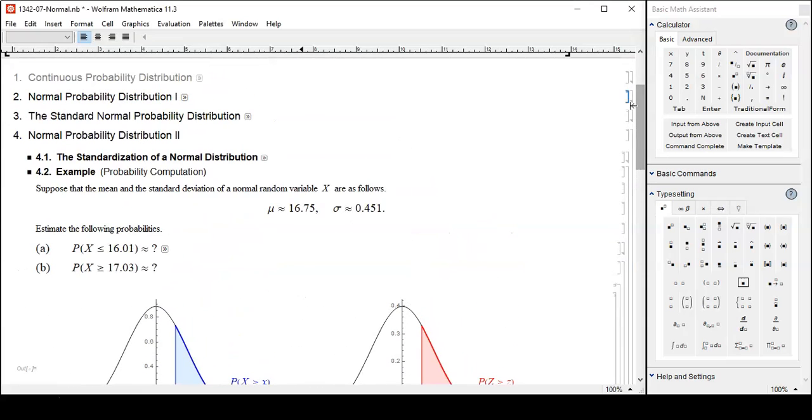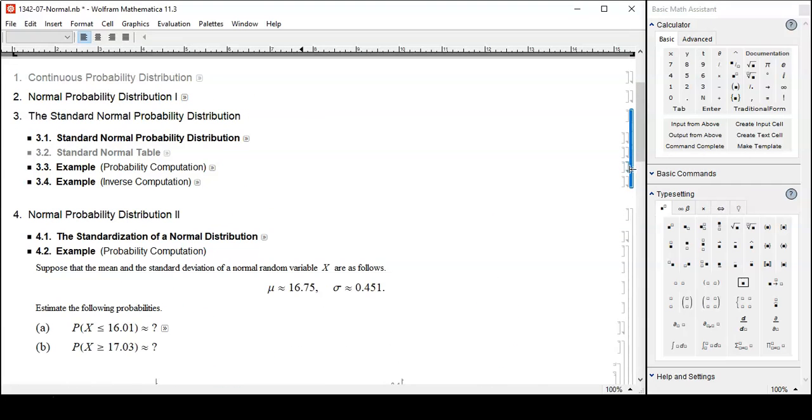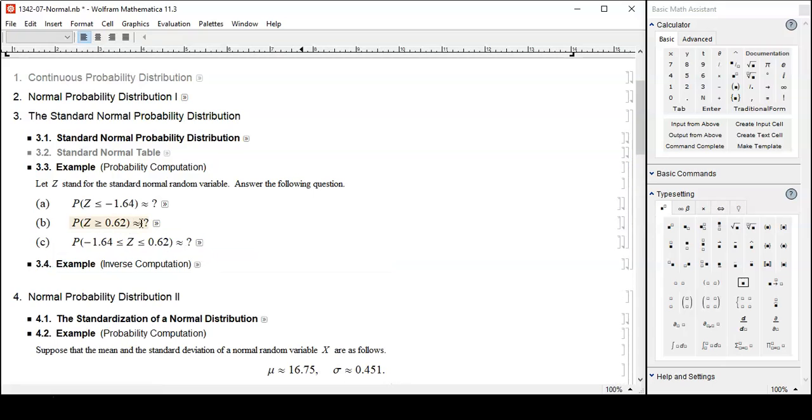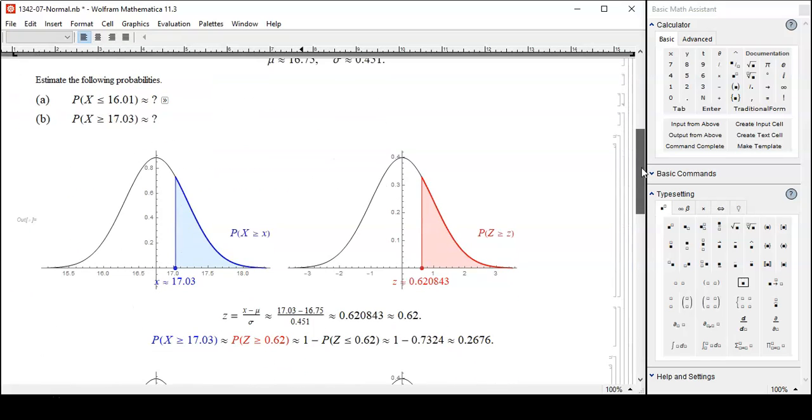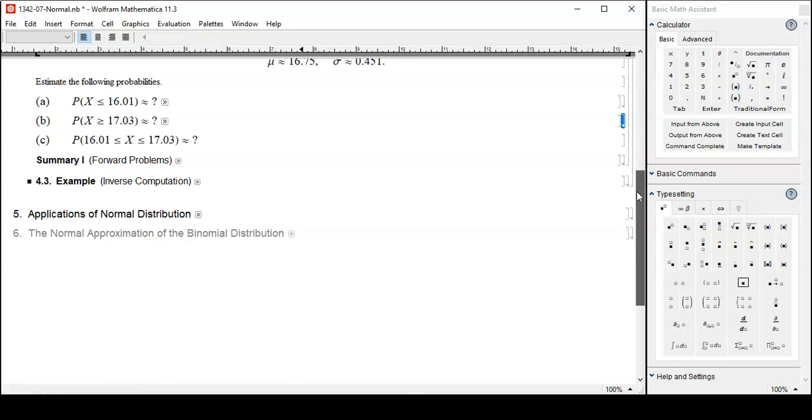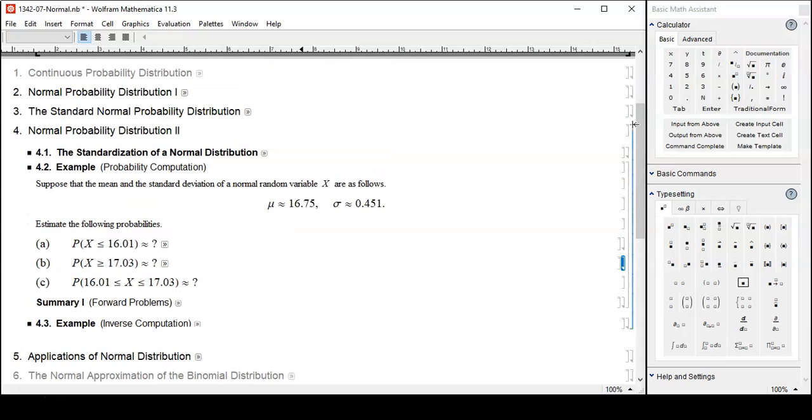By the way, we ended up with the same result as in this problem here. Of course, that was by design. So if you have right-hand side shading, subtract from 1 because the normal table gives you only the shading to the left-hand side.